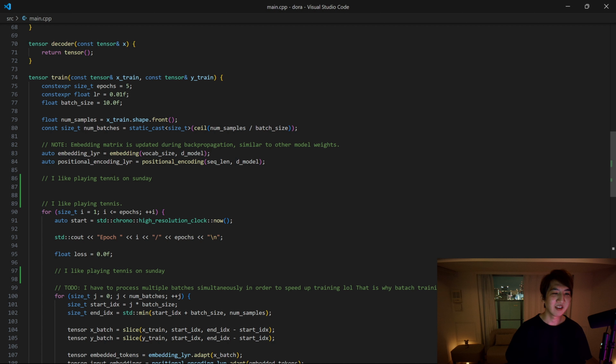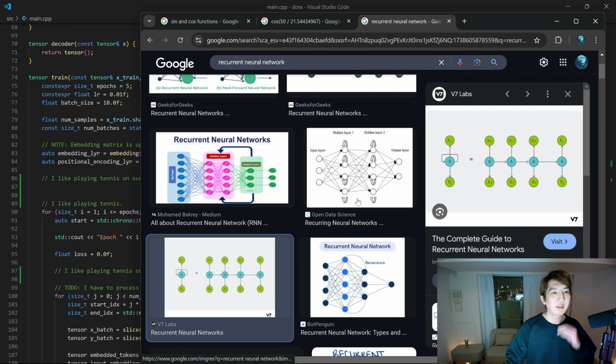In RNNs, they have a sense of the order because they process inputs sequentially.